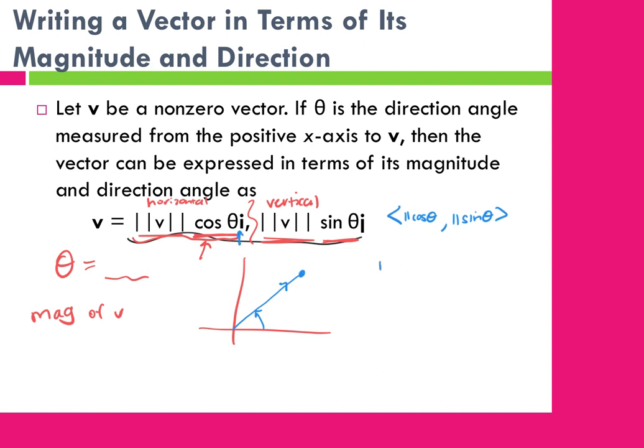So it would be the magnitude of the vector times the cosine of theta i plus the magnitude of the vector times the sine of theta j. Or in one question, it even will just ask you directly what's the horizontal difference or the horizontal component, horizontal change, something like that, and then the vertical. So you would separate them out where the horizontal is the magnitude times the cosine and the vertical is the magnitude times the sine.